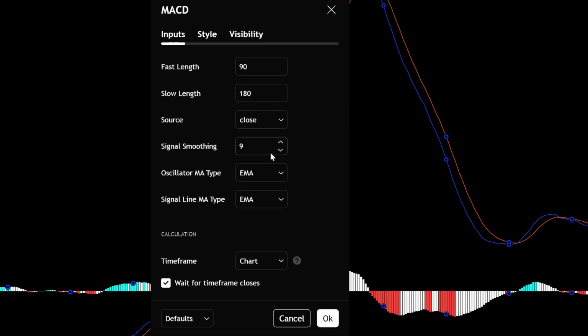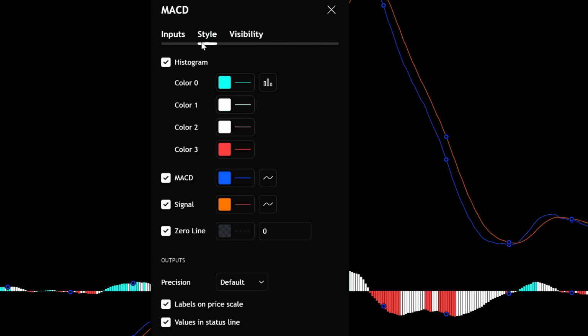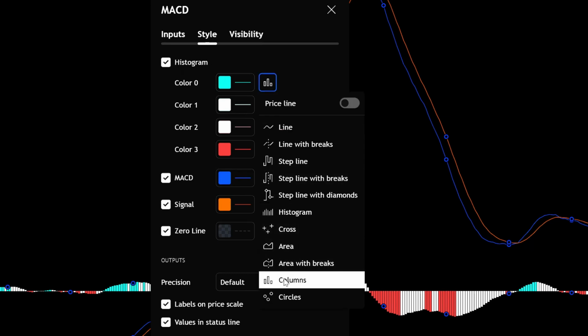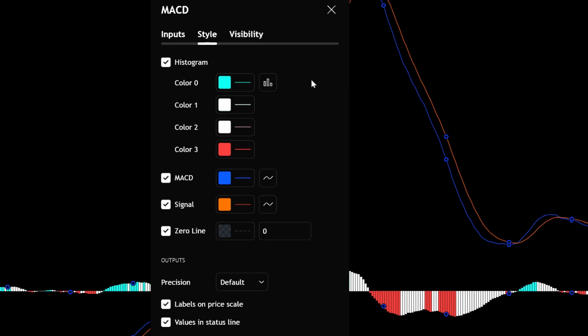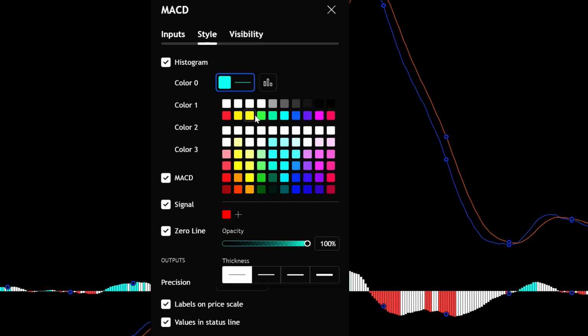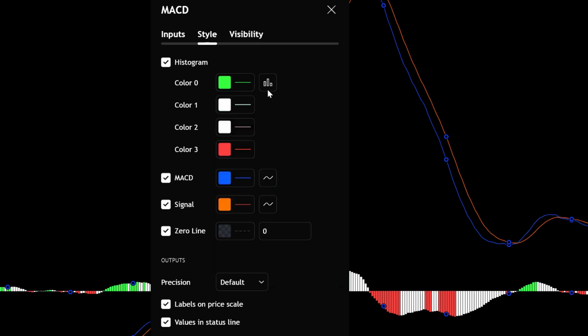Now, let's head over to the Style tab. We want the histogram to be displayed as columns. We're going to make color 0 green, disable color 1 and color 2 by turning their opacity down to 0, and then make color 3 red. This makes it super easy to see bullish and bearish momentum.